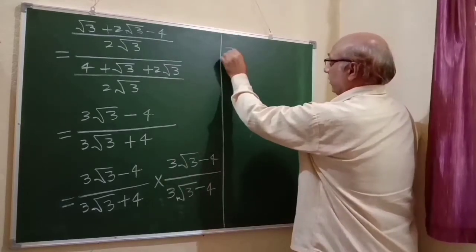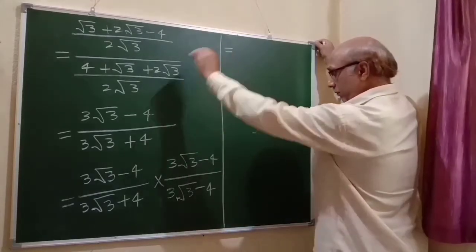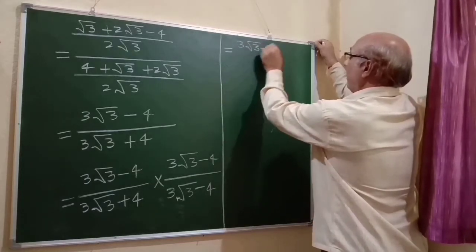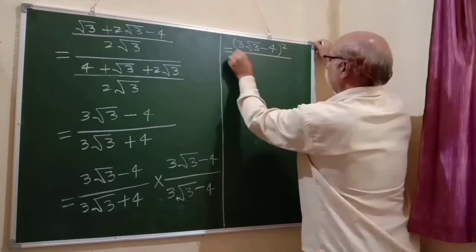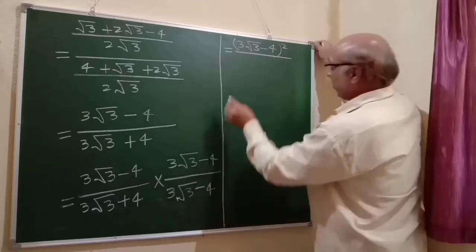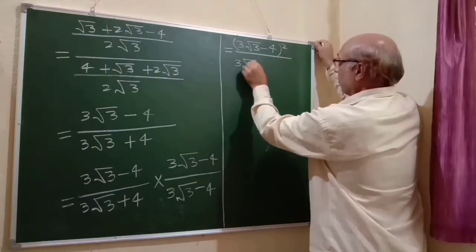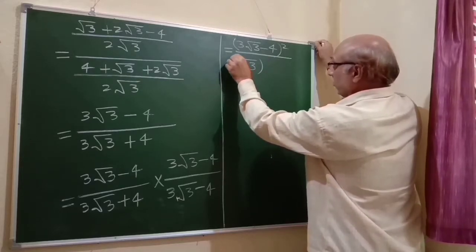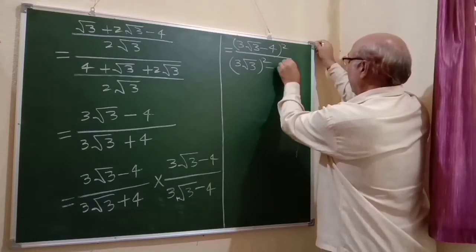And this is equal to (3 root 3 minus 4) whole square by, here (a plus b)(a minus b) gives a square minus b square, so (3 root 3) whole square minus 4 square.